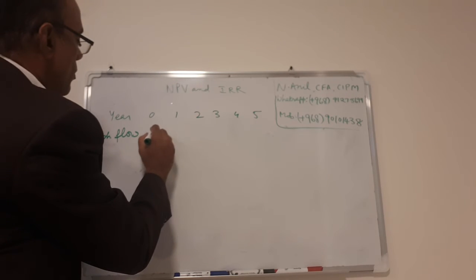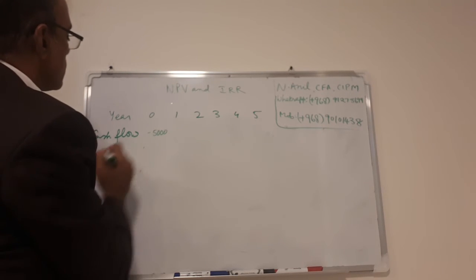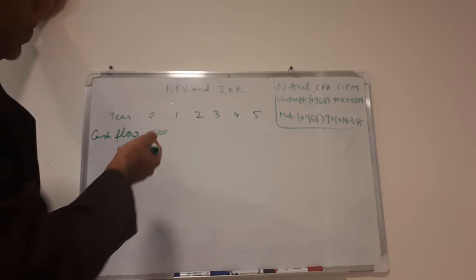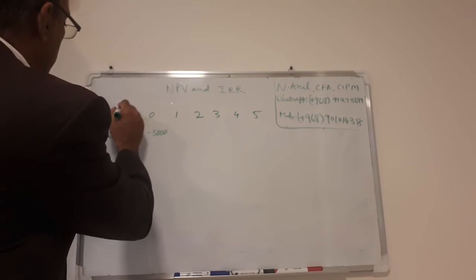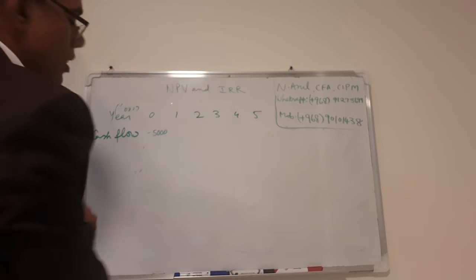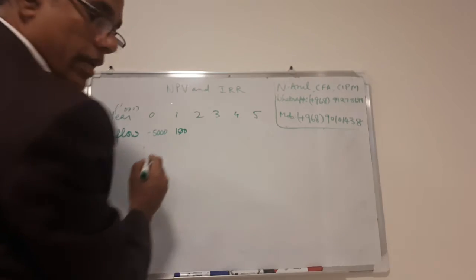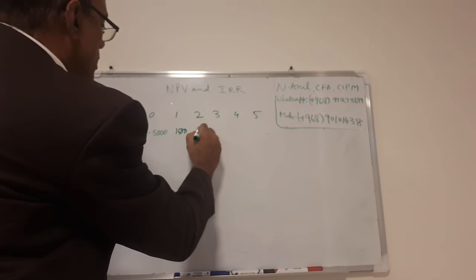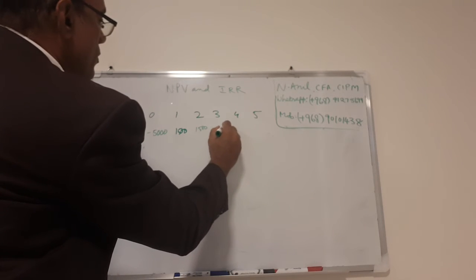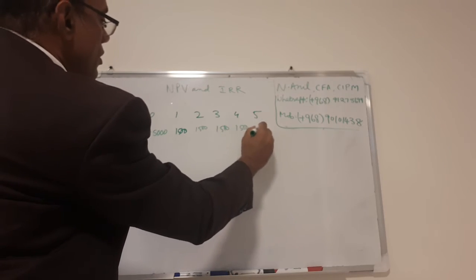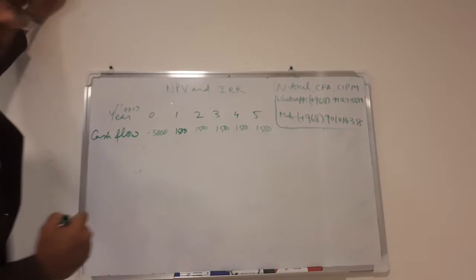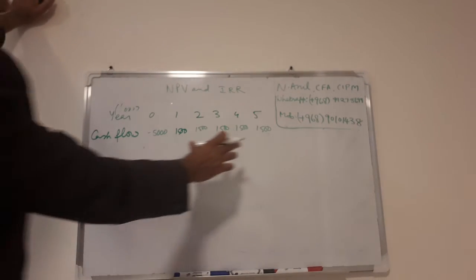Initial investment minus 5 million. You can say minus 5,000, if it is in thousands, it is 5 million. Minus 5 million. Then you get 1.5 million, equal cash inflows over 5 years. So this is the cash inflow.